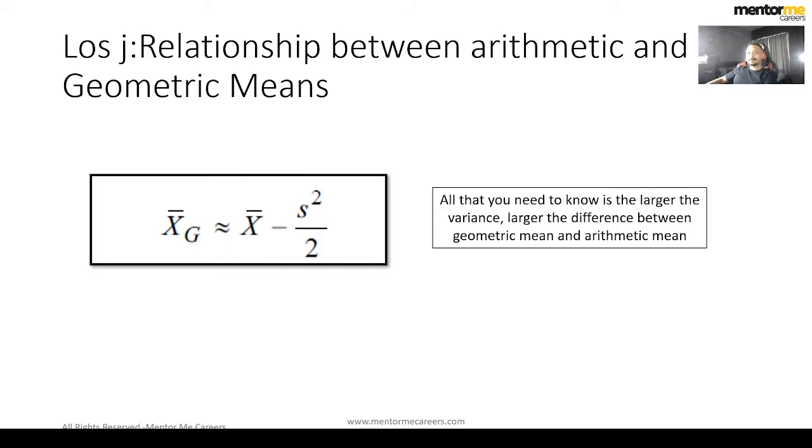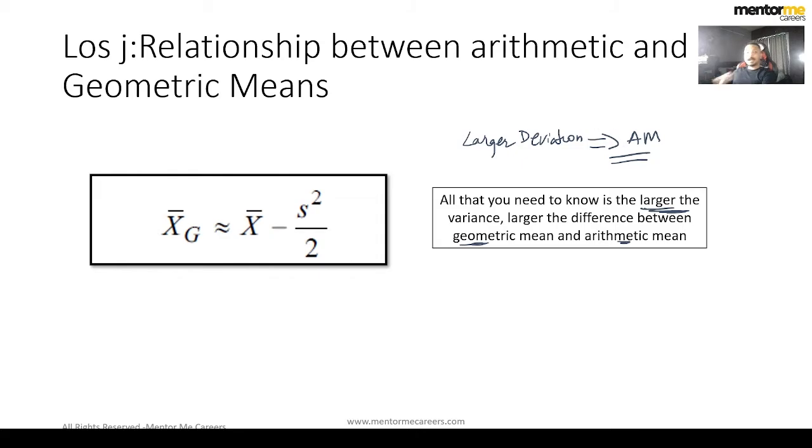Okay, so the relationship between arithmetic mean and geometric mean, I don't see that this is very important in terms of the exam, but all you need to know is the relationship in terms of the effect. So the larger the variance is going to be, that means the larger the deviation from the mean, the larger is going to be the difference between the geometric mean and the arithmetic mean. And logically, why is this so? Because if you have larger deviations, that means larger deviations would affect your arithmetic mean, which we understood already.